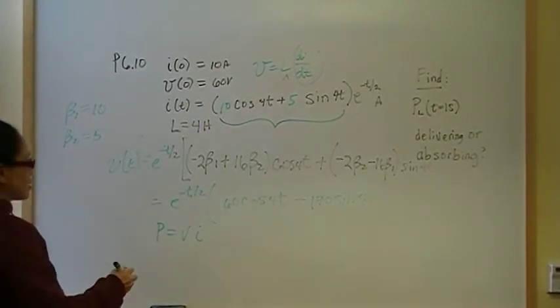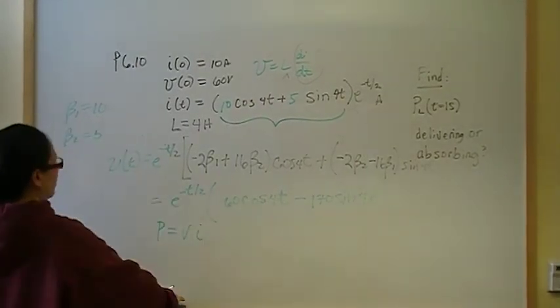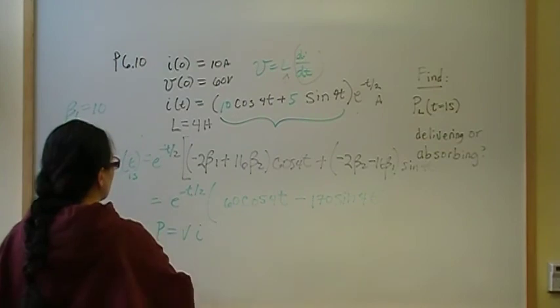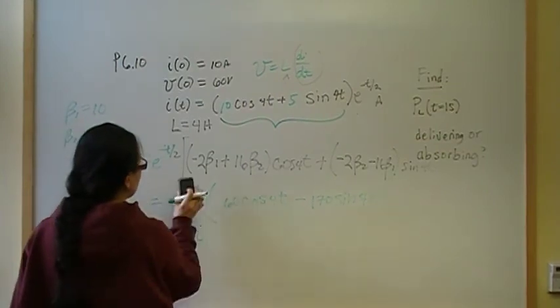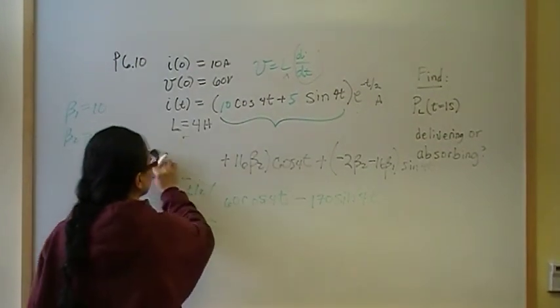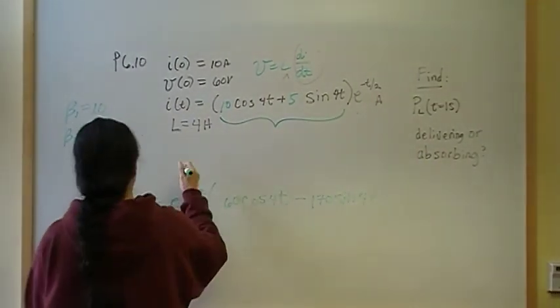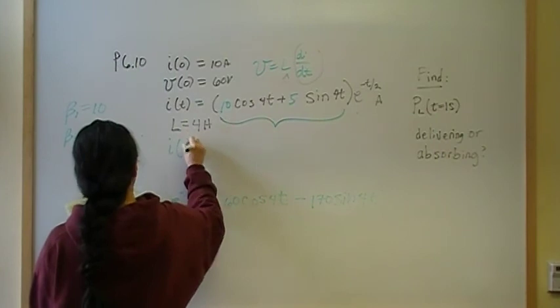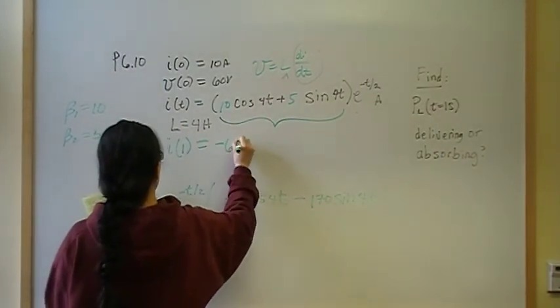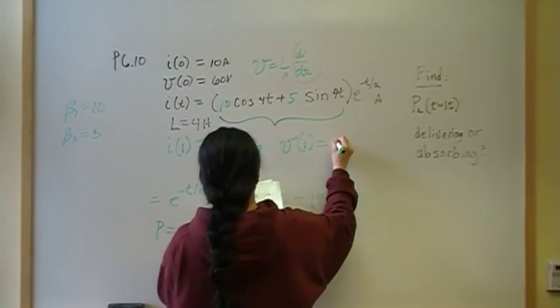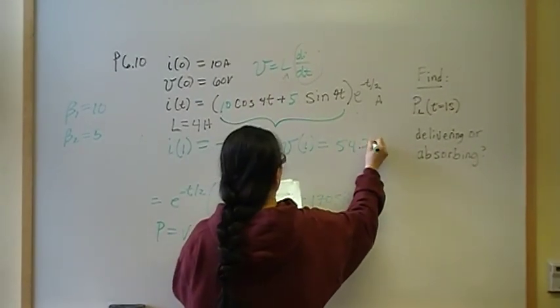Once you put in time equals 1 second in radians mode, your calculator should come up with I of 1 is equal to negative 6.26, and V of 1 is equal to 54.25.